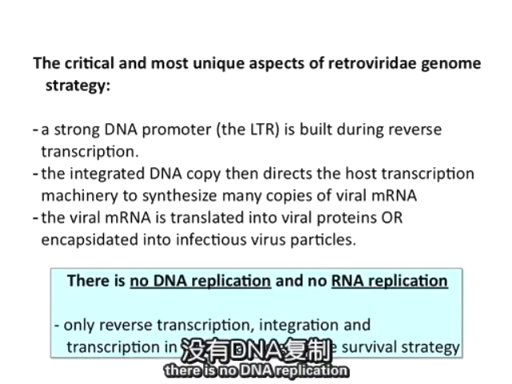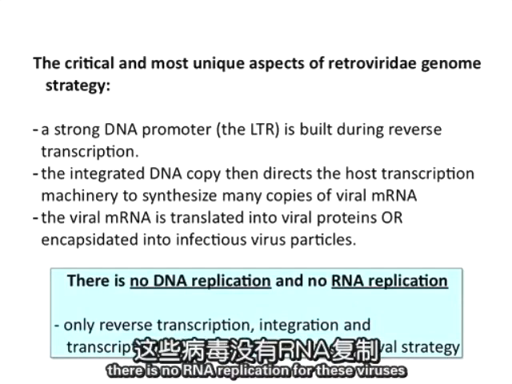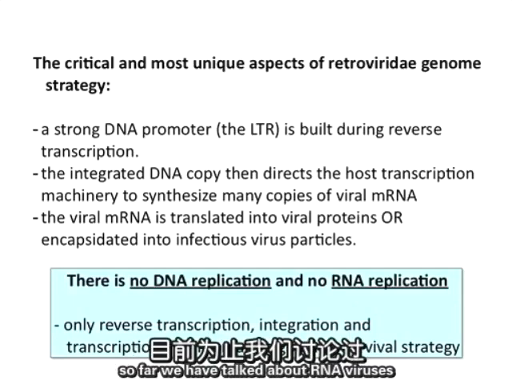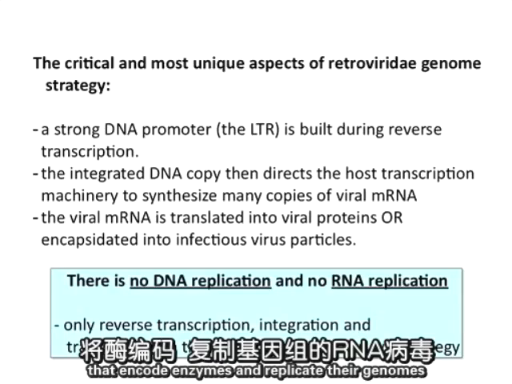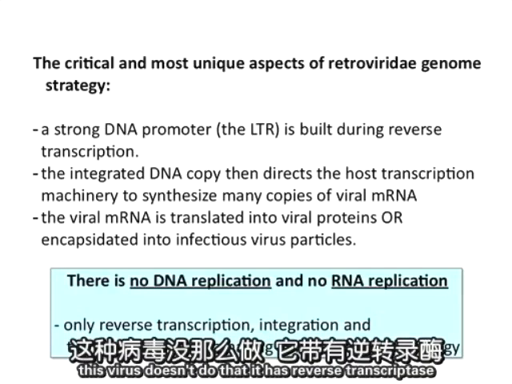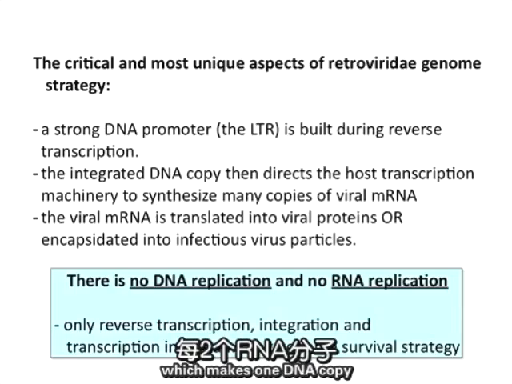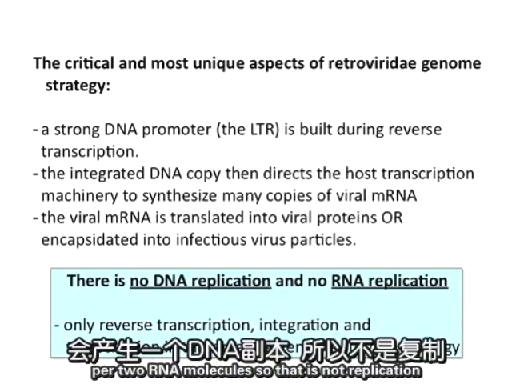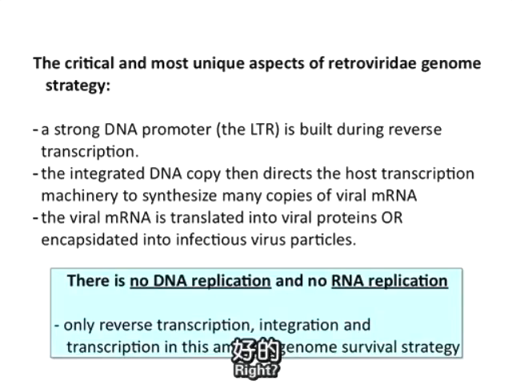There's no DNA replication. There's no RNA replication for these viruses. So far we've talked about RNA viruses that encode enzymes that replicate their genomes. This virus doesn't do that. It has a reverse transcriptase which makes one DNA copy per 2 RNA molecules. So that's not replication, right?